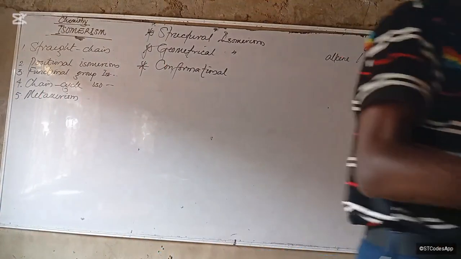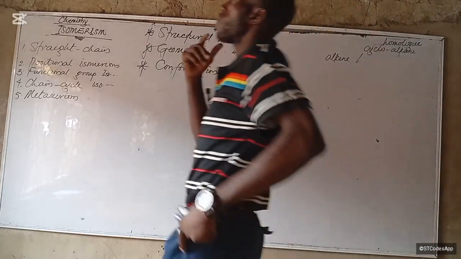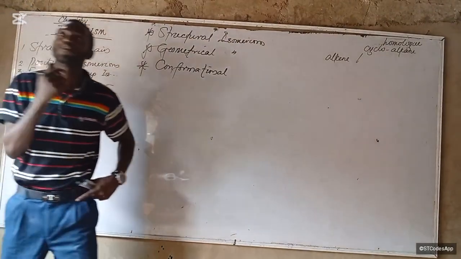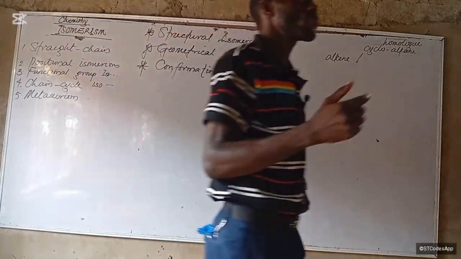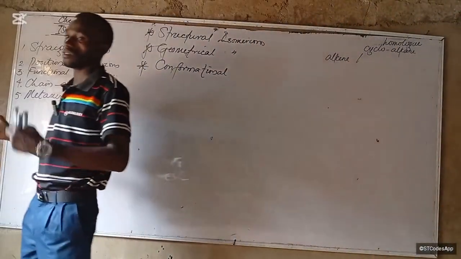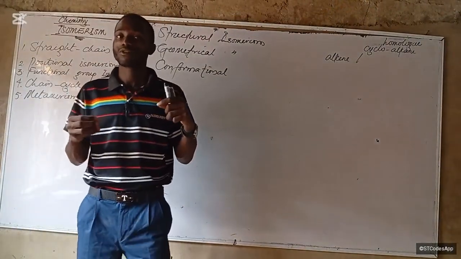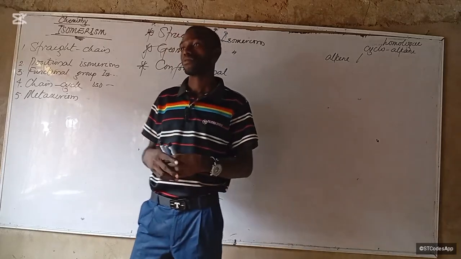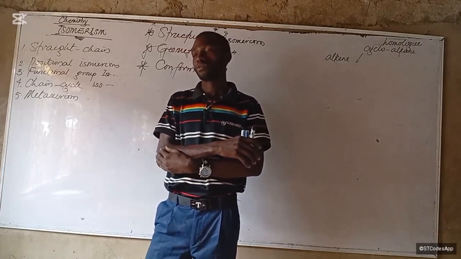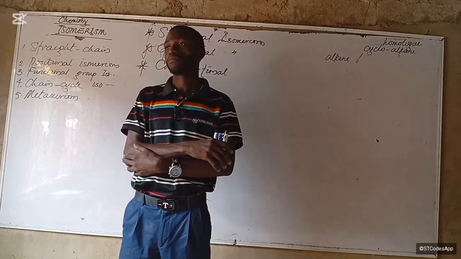Okay. Metamerism is a type of isomerism that occurs when there is a heteroatom in the molecule. There's what? A heteroatom in the molecule.